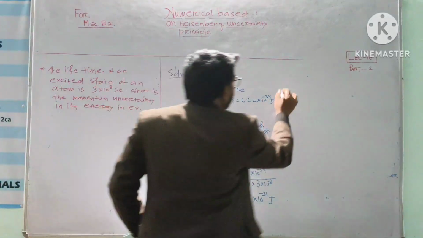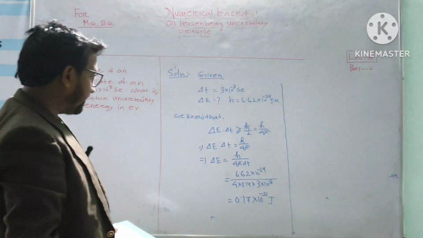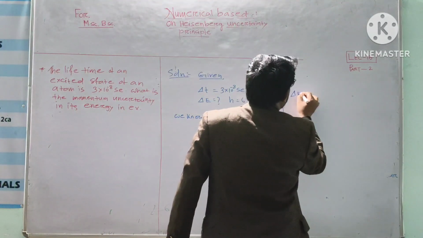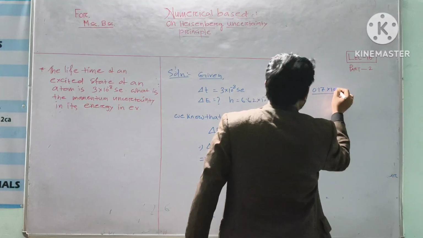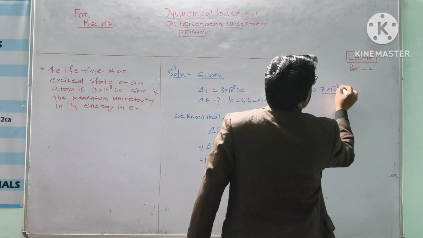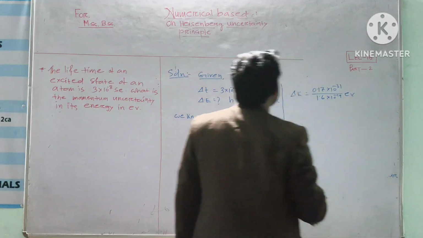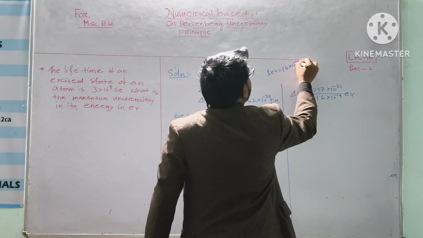Now delta E must be found in electron volt. So we can write delta E equal 0.17 into 10 to the power minus 31 divided by 1.6 into 10 to the power minus 19 electron volt, because we know that 1 eV equals 1.6 into 10 to the power minus 19 joule.